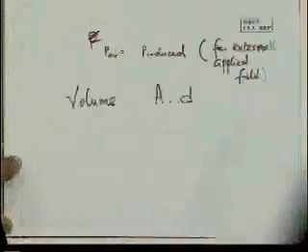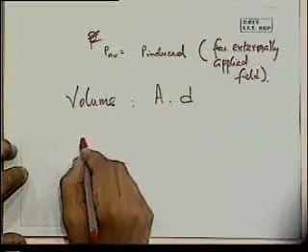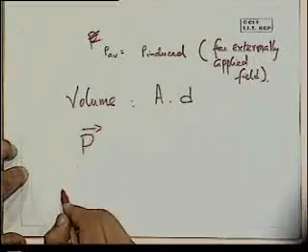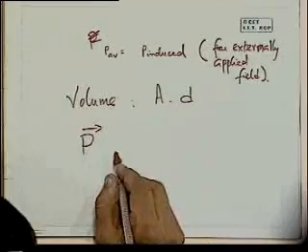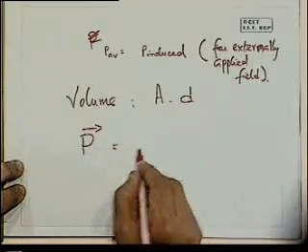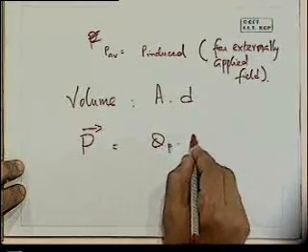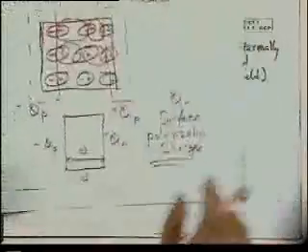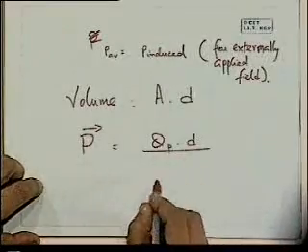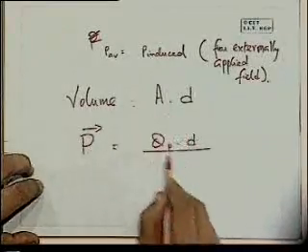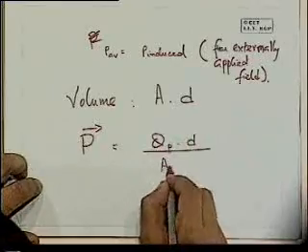So I can calculate the polarization by knowing Q_P and the separation between them. I can write polarization as equal to Q_P times d, which gives the total dipole moment, divided by the volume, because polarization was defined as the total dipole moment per unit volume.